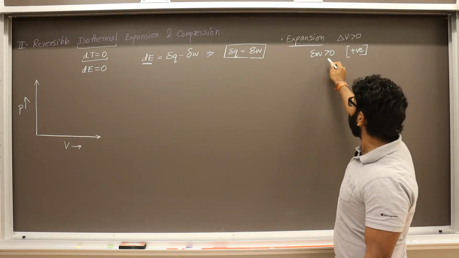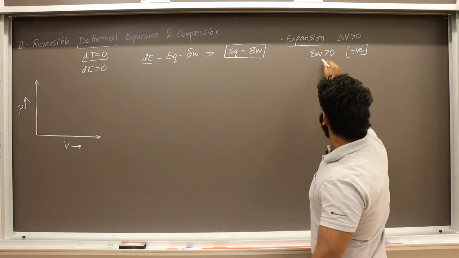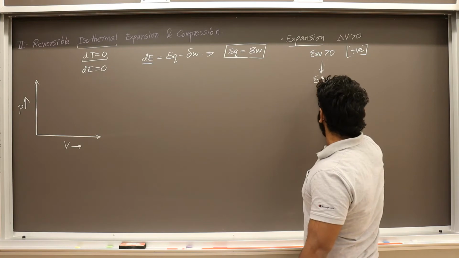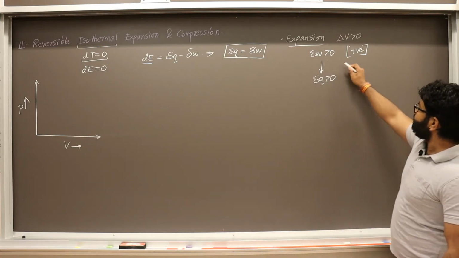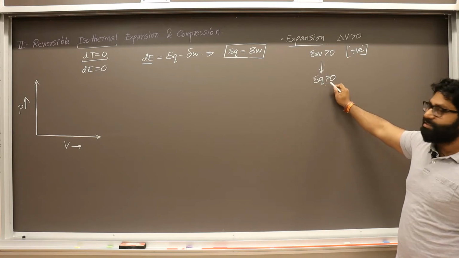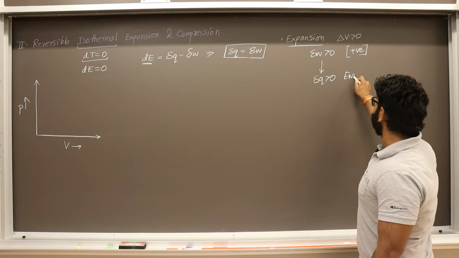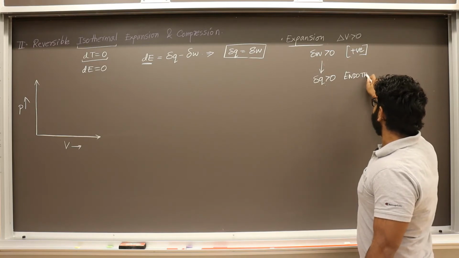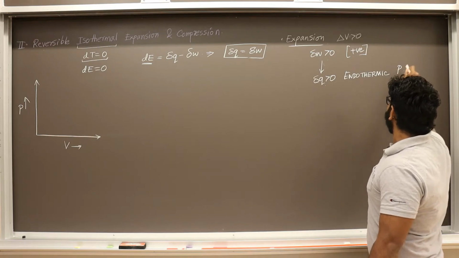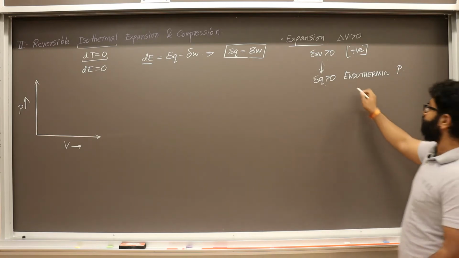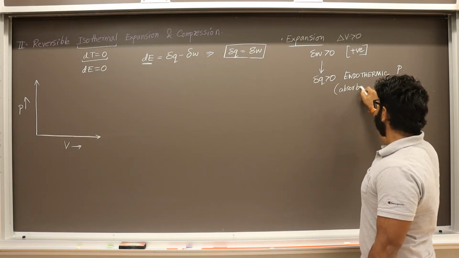When del W is greater than 0, del Q will automatically become greater than 0. So this is expansion, and this greater than 0 means that this is an endothermic process, right? So it absorbs heat.